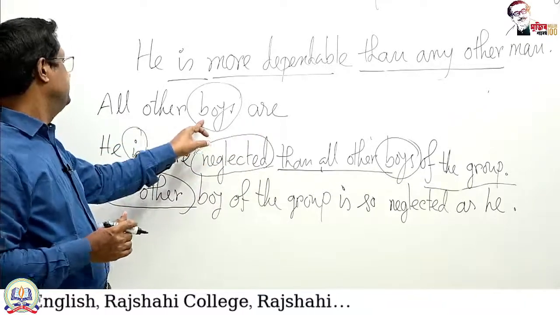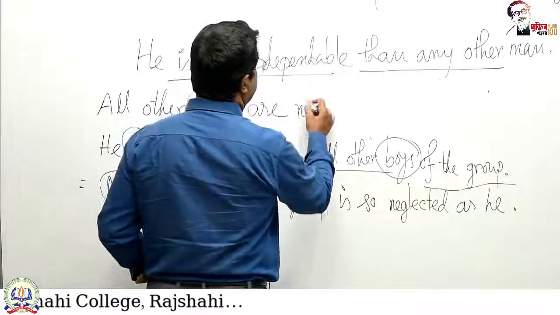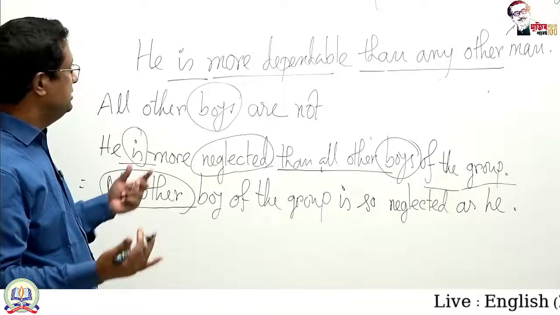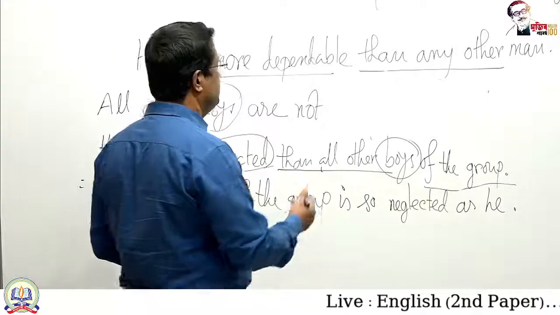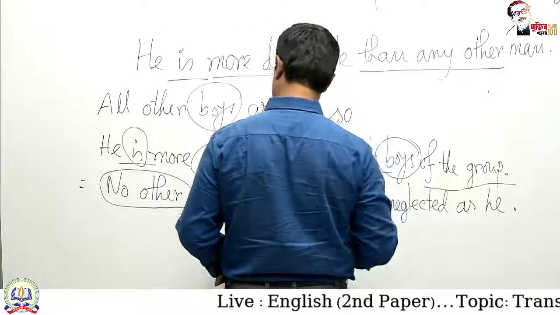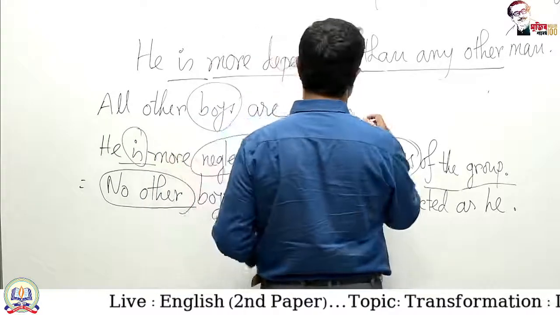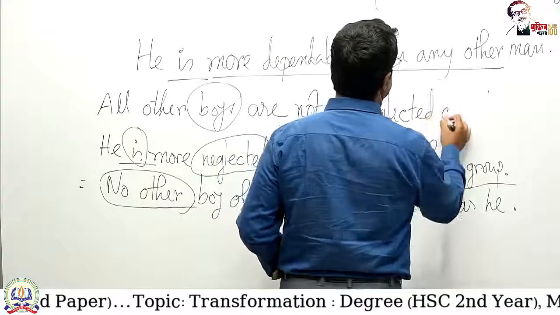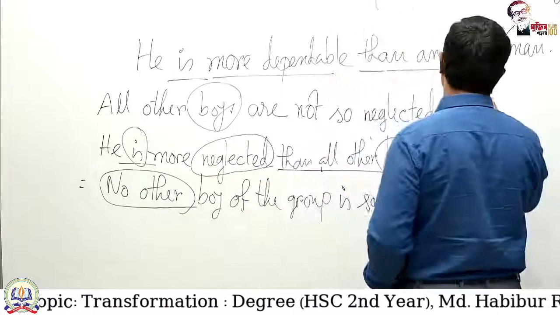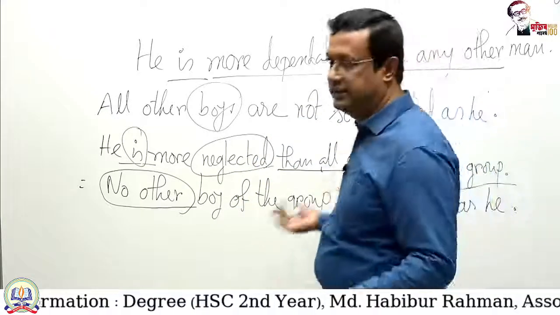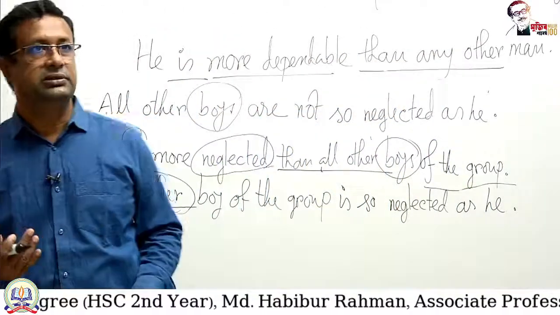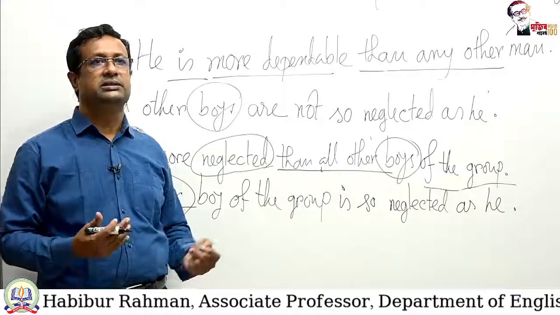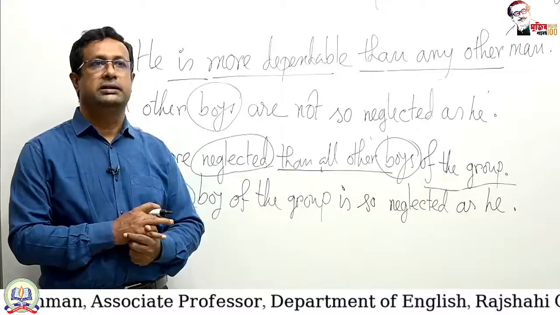Then we have to make it negative: are not. All other boys are not so neglected, more neglected, that is so neglected as he. This is also correct. You can change also in this way. So this is the way to change in case of than all other.